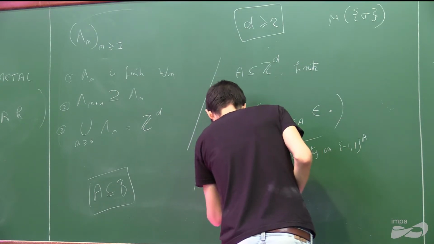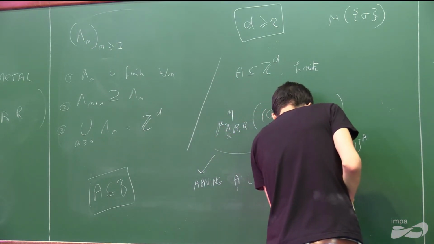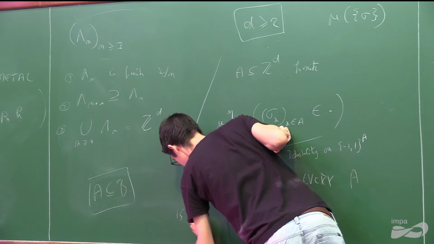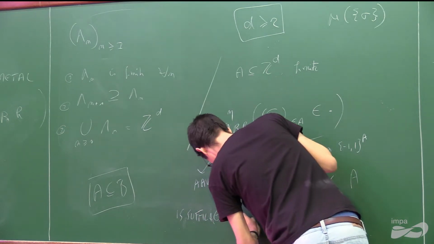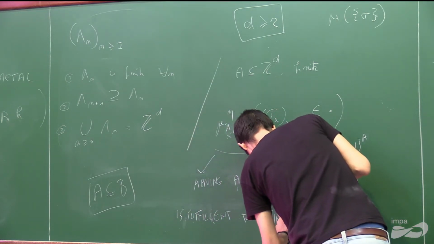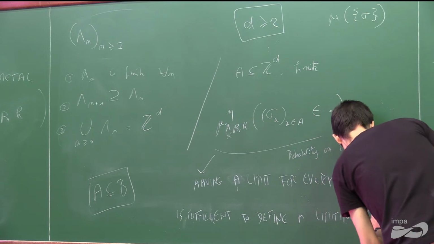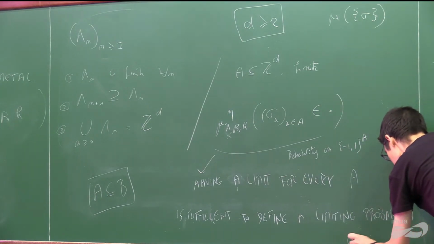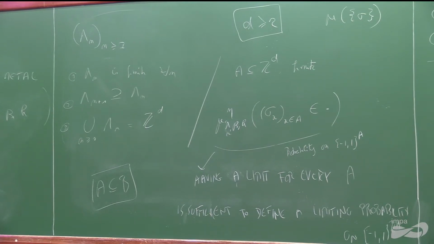So if you have this set of coherent projections, having a limit for every A is sufficient to define a limiting probability on {-1,1}^(Z^d).